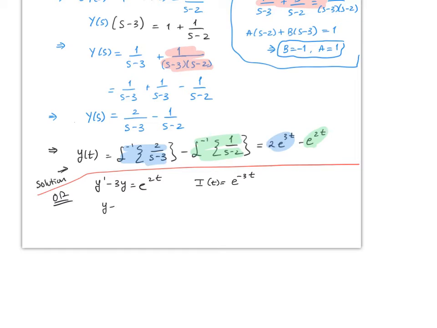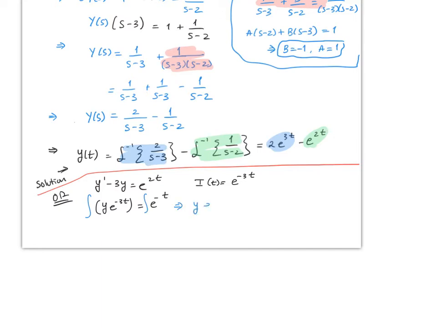This one will give you y e to the minus 3t. It will be e to the minus t. You multiply by that, e to the minus t. Then you integrate both sides.